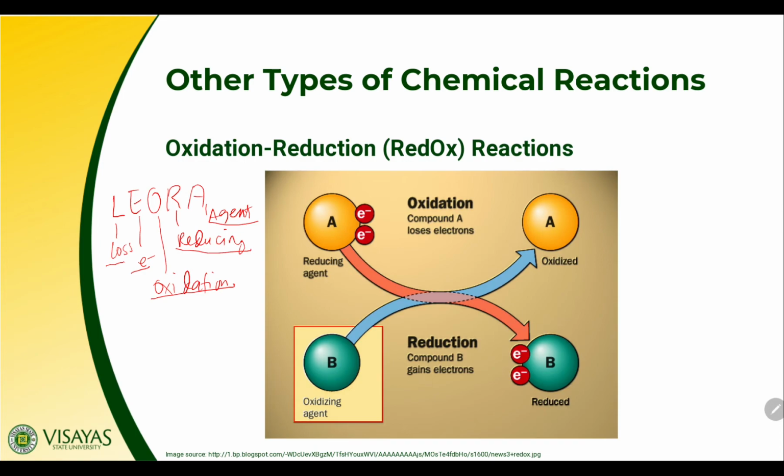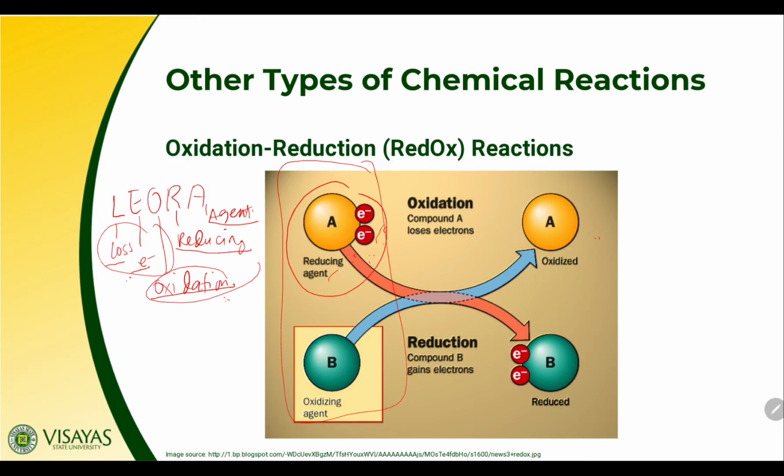Like for example here, this is a reducing agent. The reducing agent loses electrons. We have the reducing agent losing electrons and being oxidized in the process. So these are the reactants. Again, the reducing agent loses electrons and is being oxidized. We have an oxidation here.